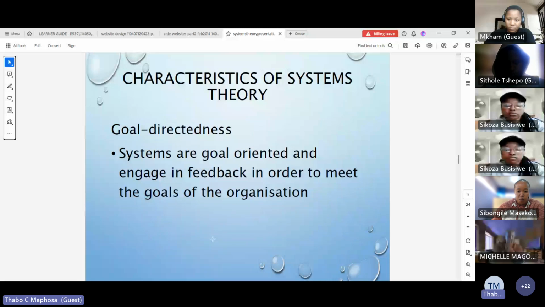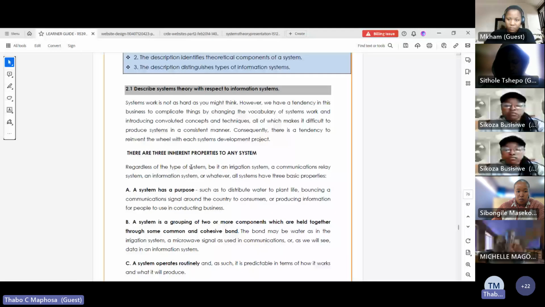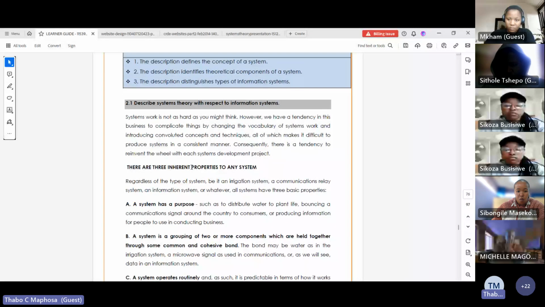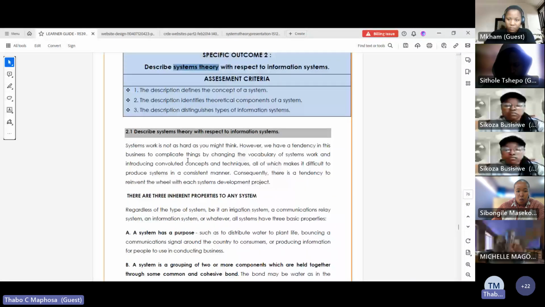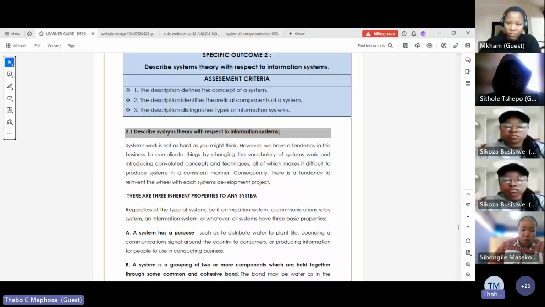So now, if I go back here, they're saying to describe the systems theory with respect to information systems, because this is what we're mostly interested in. So already we have an idea of what a system is, and what systems theory is talking about.